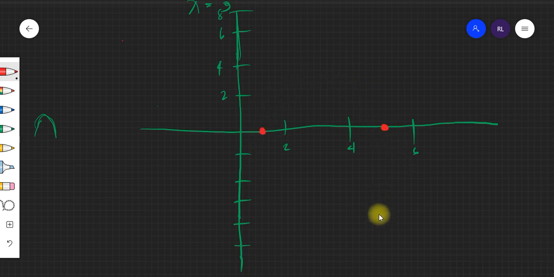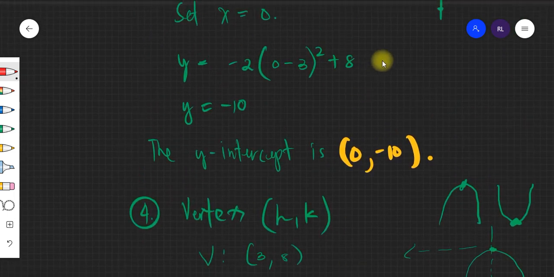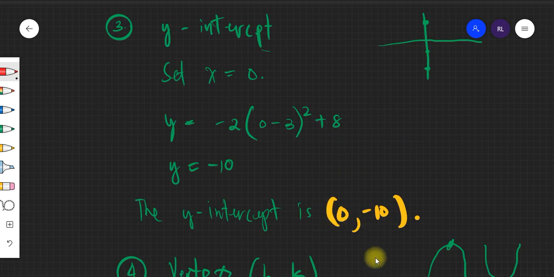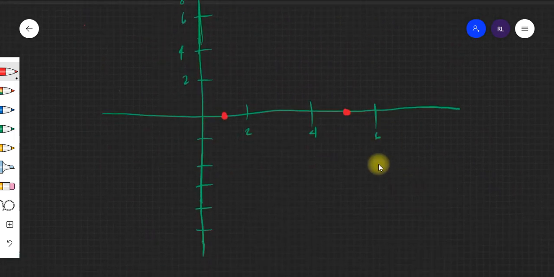It will also pass through the y-intercept, 0, -10. So it's very logical, you can use your intuition: by just looking at this pattern, it's impossible that your y-intercept will be positive.